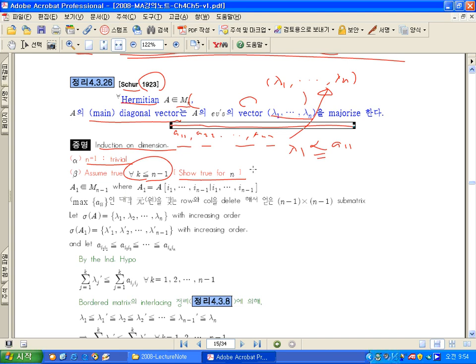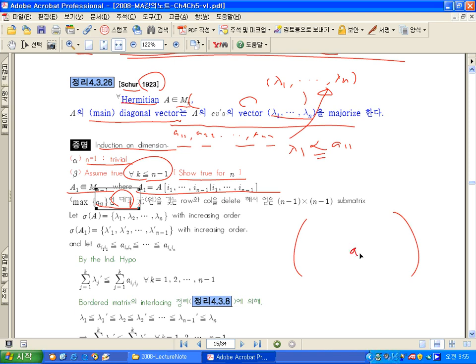Now we show the statement is true for n. Let A1 be an n minus 1 by n minus 1 submatrix of A, obtained by choosing n minus 1 rows and n minus 1 columns from the matrix A. We do this by deleting the row and column that has the maximum value among the main diagonal entries.